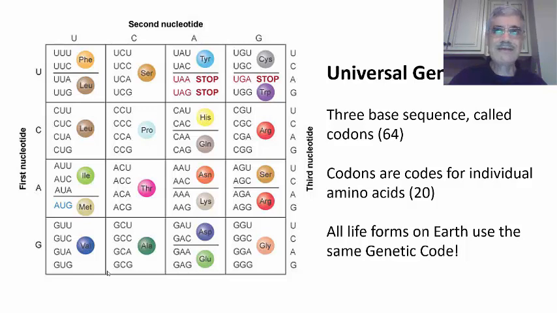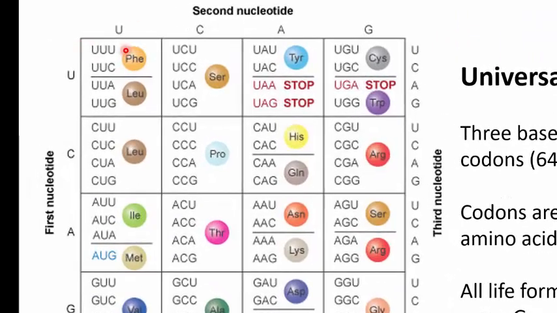Now, what I show in the table are 64 different codons. Again, a codon is a three nucleotide sequence. So the very first one in the table is UUU. That is three nucleotides together, three uridines together, uridine, uridine, uridine, right in a sequence. Those three nucleotides code for an amino acid called phenylalanine.